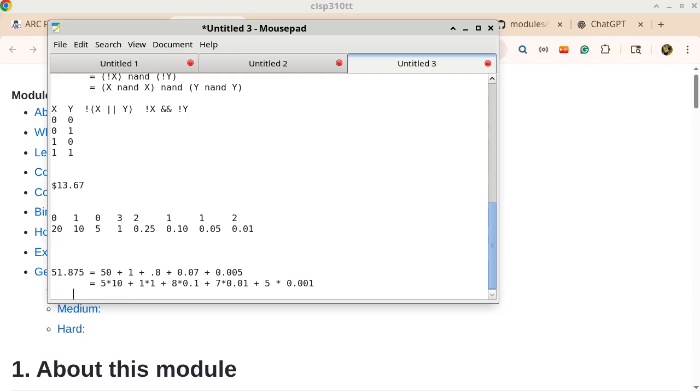Well, we'll make this even more obscure. 5 times 10 to the power of 1, 1 times 10 to the power of 0, 8 times 10 to the power of what? Negative 1. Very good. And then we have 7 times 10 to the power of negative 2. And then we have 5 times 10 to the power of negative 3.